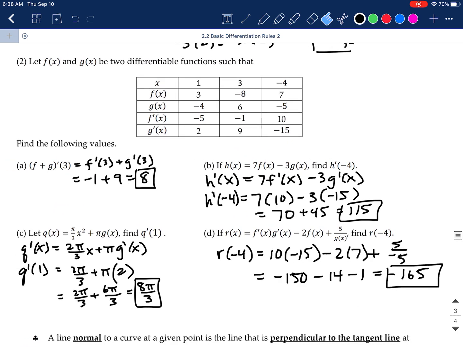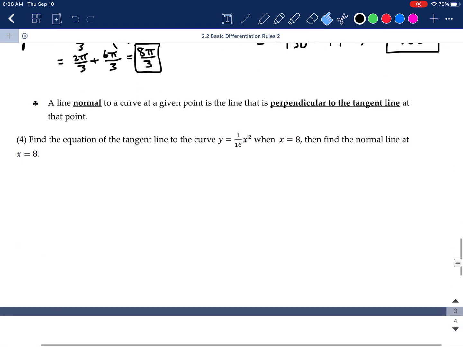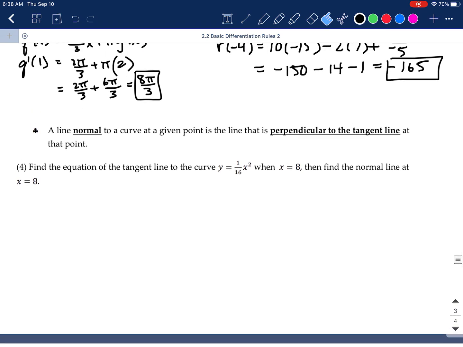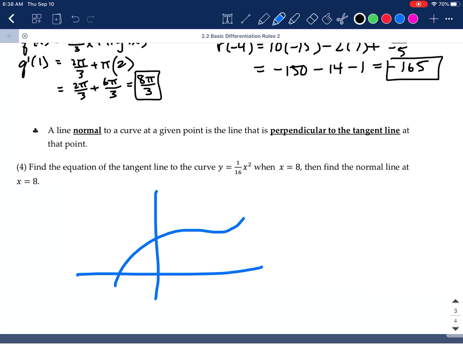And last problem on this page is going to involve what we call the normal line. So a line normal to a curve at a given point is the line that is perpendicular to the tangent line. So if we have a curve, and that curve has some tangent line at a point, the normal line is the line through that same point that's going to be perpendicular.